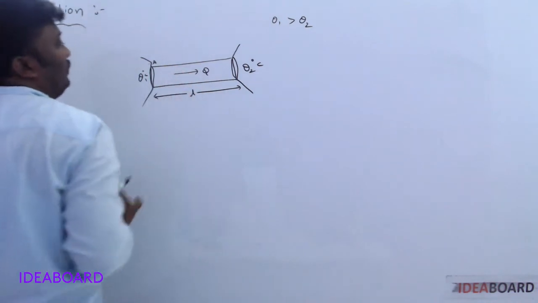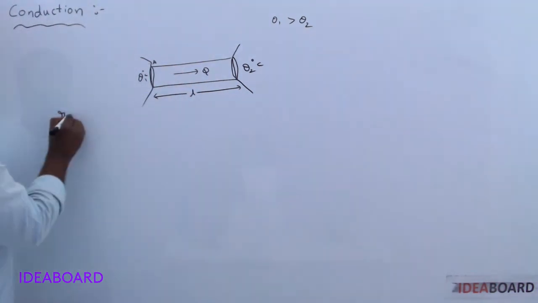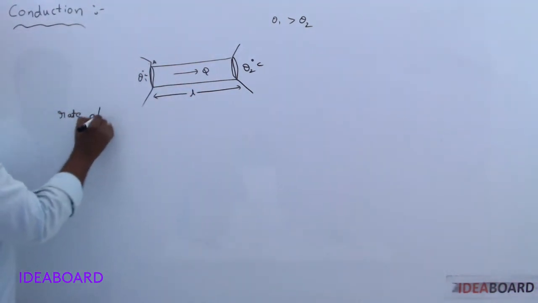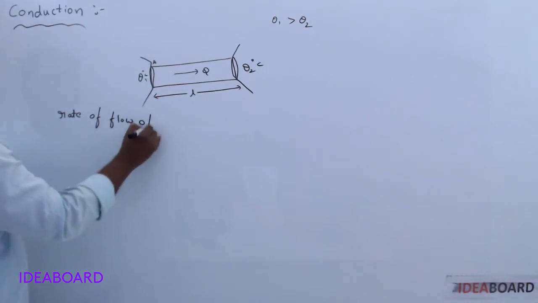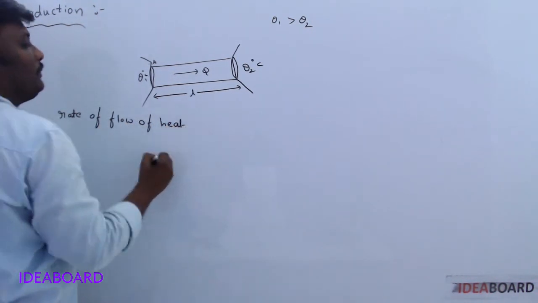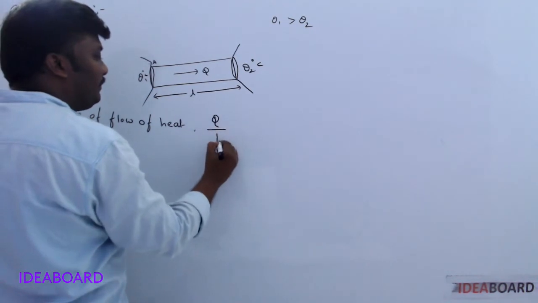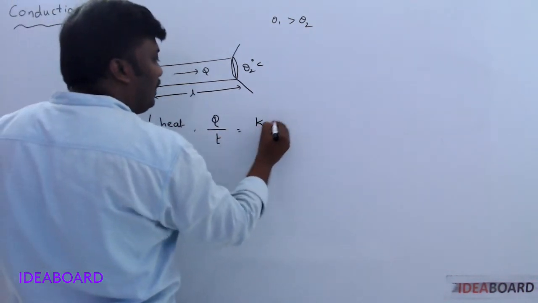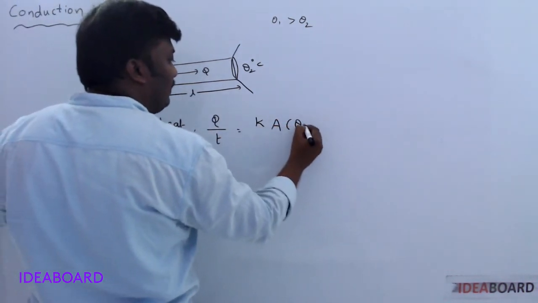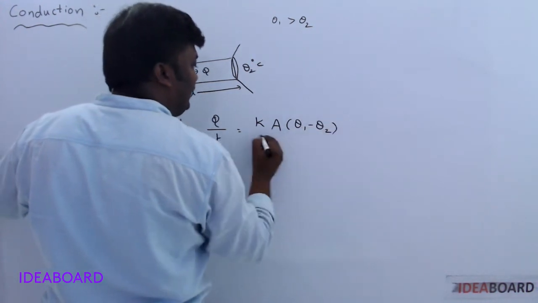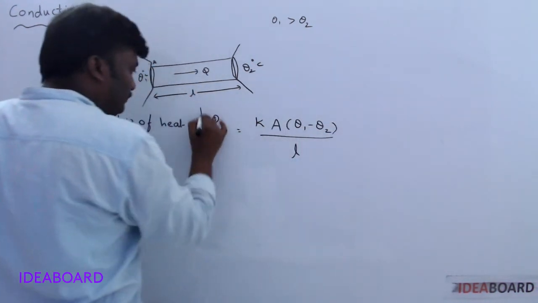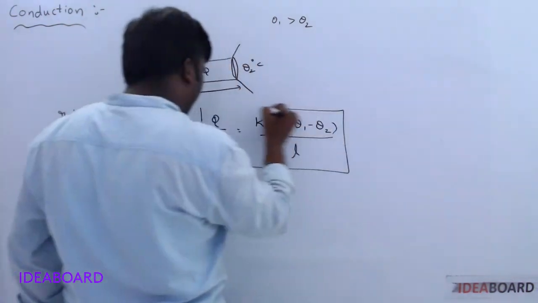Now the rate of flow of heat, Q by t, has one formula: Q by t equals K A (theta 1 minus theta 2) by L, during conduction.